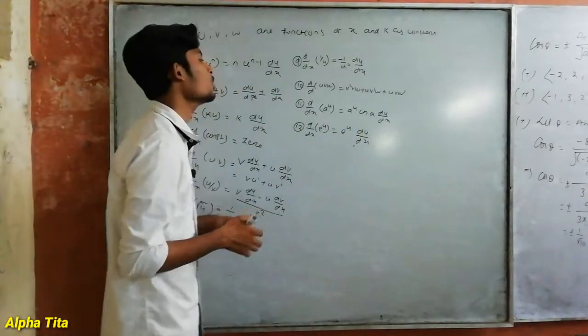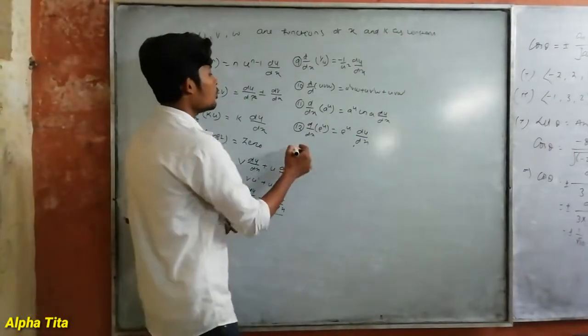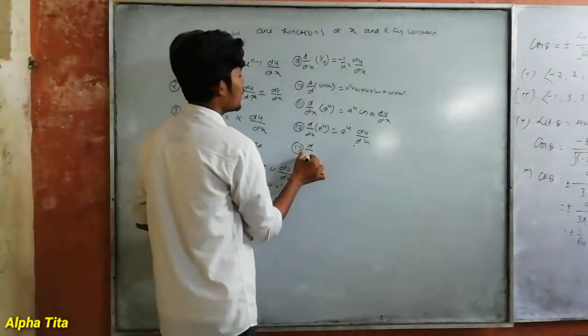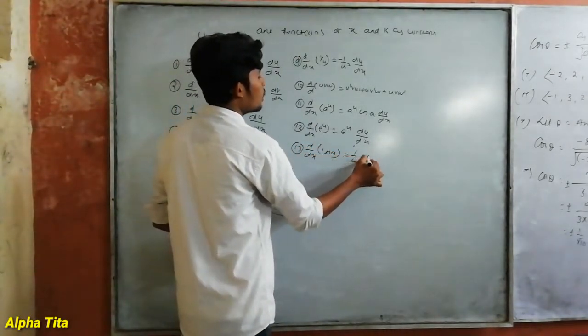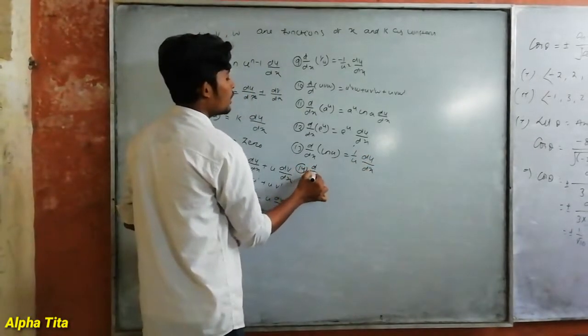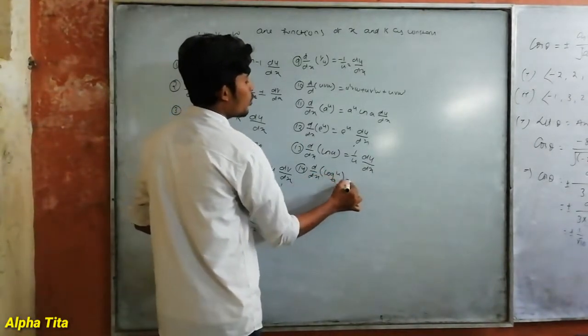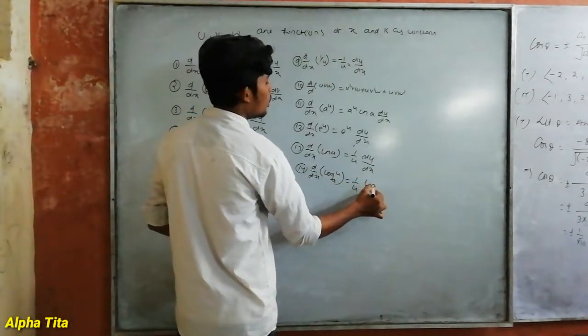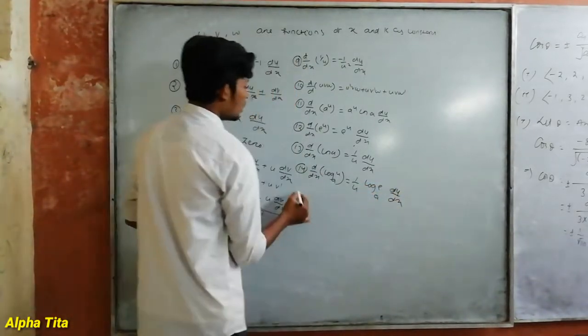The derivative of the exponential function is the exponential function into du by dx. d by dx of ln u gives 1 by u du by dx. Next, d by dx of logarithm of u to base a is 1 by u log e base a du by dx.